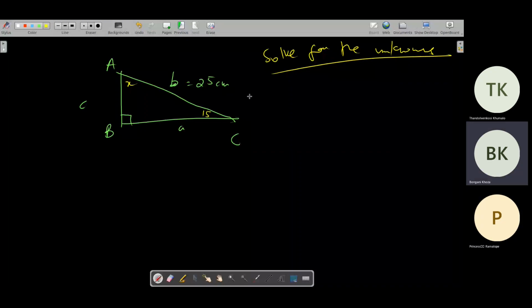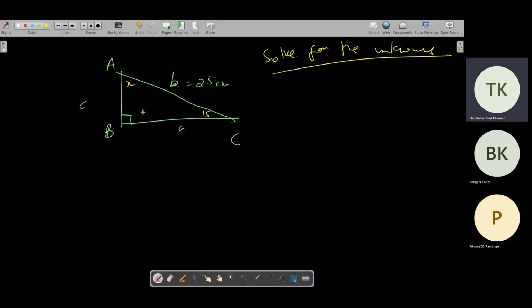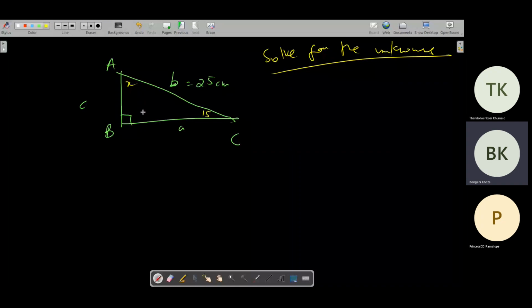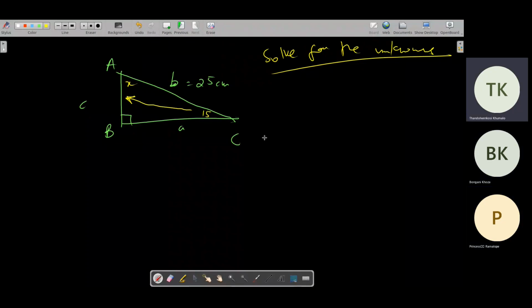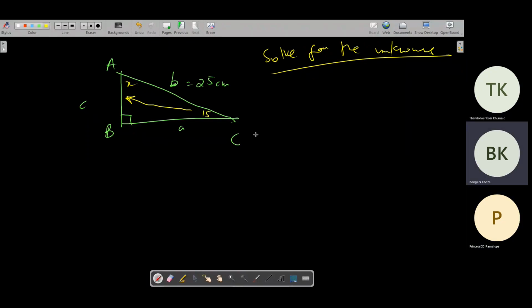So to get C, what's the relationship between angle 15 and C? Are they adjacent? Are they opposite? Is this the hypotenuse to 15? Opposite. No, C. They're opposite. So which trig ratio can we use?